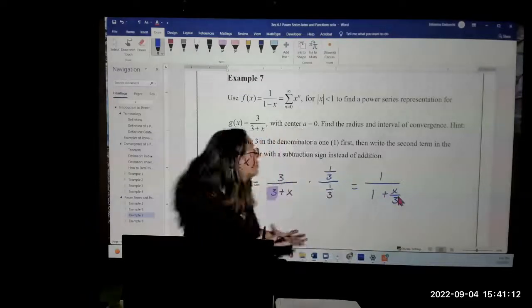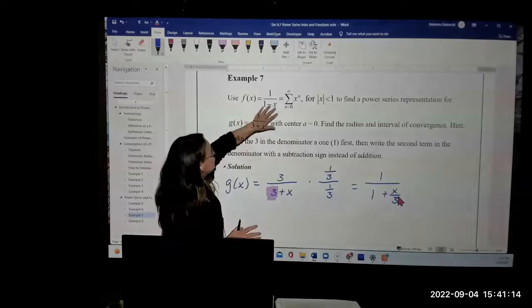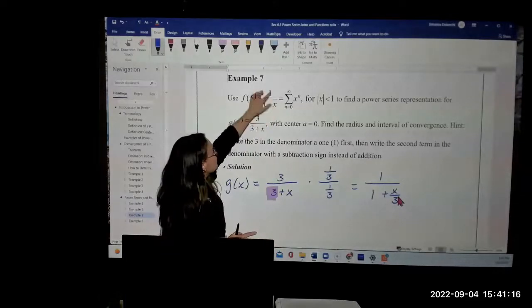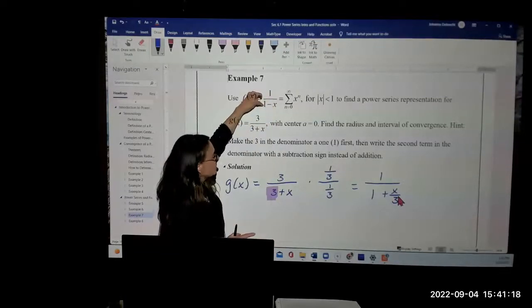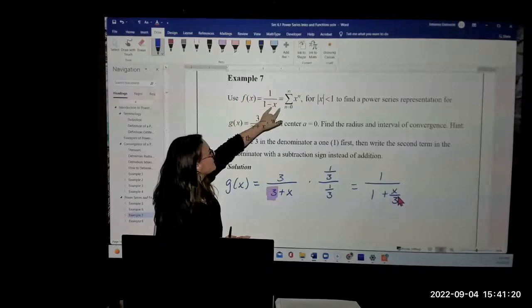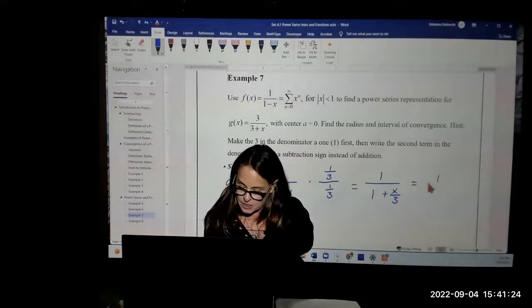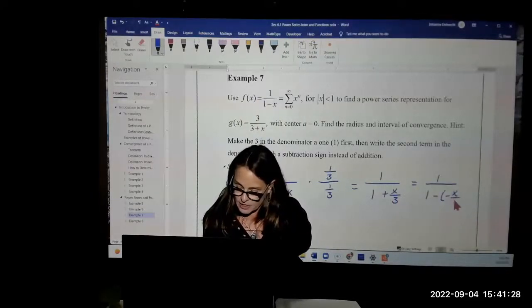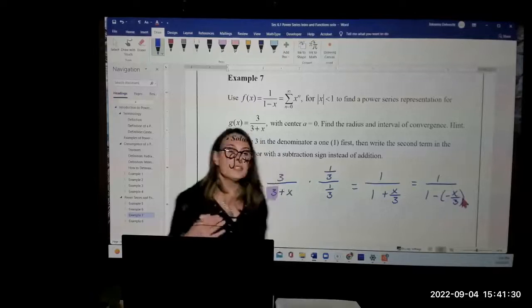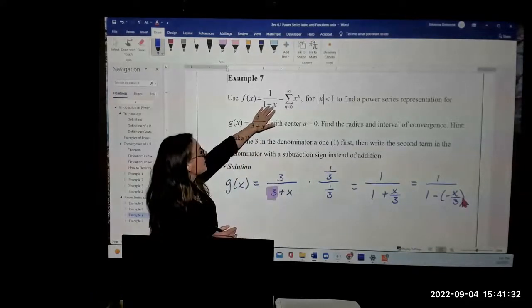Now I'm close to the format for f. I've got the 1 in the numerator, I've got the 1 in the denominator, but I need minus something with the variable in it. So I do a double negative. So this can be written as 1 over 1 minus negative x over 3. And now it's written in the same format as f.